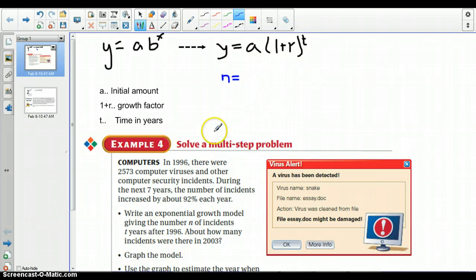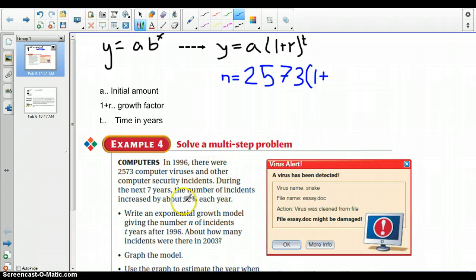So what is our initial amount? Well, they said that in 1996, which is where we started, there were 2,573 computer viruses. Now let's apply our 1 plus r. What's the r that they give us? It's a percentage.